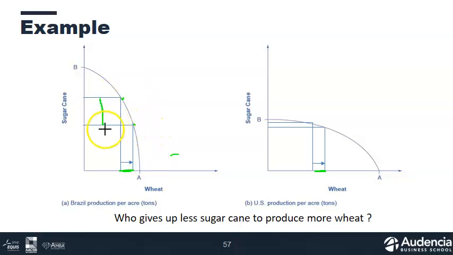If I tell the Brazilian workers, stop producing sugar and produce wheat, I can go to the U.S. economy and produce the same amount of wheat, but I just give up a little bit of sugar to do that as I move from this point to this point. And so the comparative advantage here in the United States would be in the production of wheat. So typically in analysis in this case, the United States would produce wheat and Brazil would produce sugar.